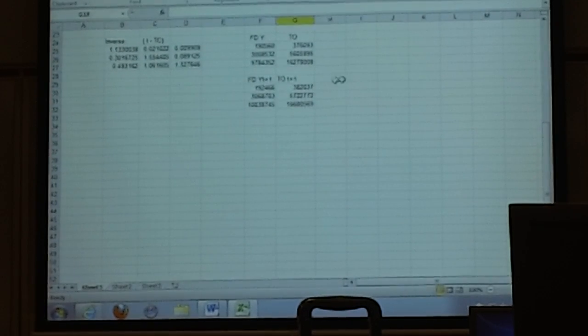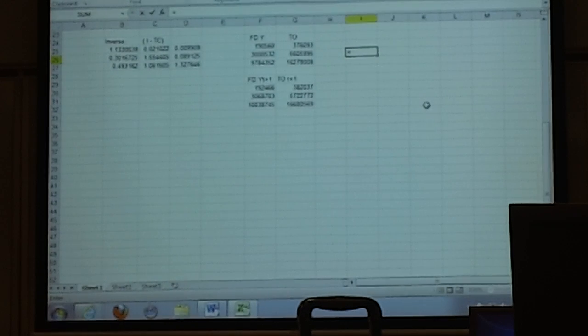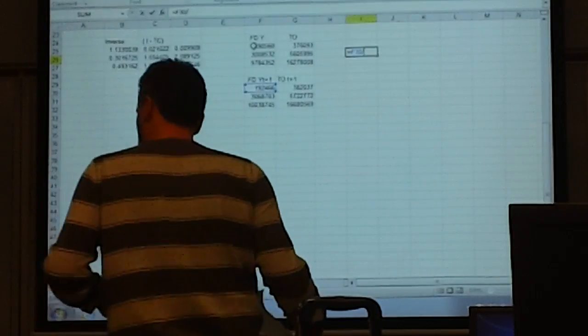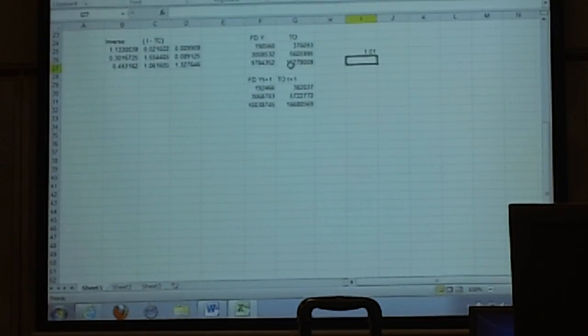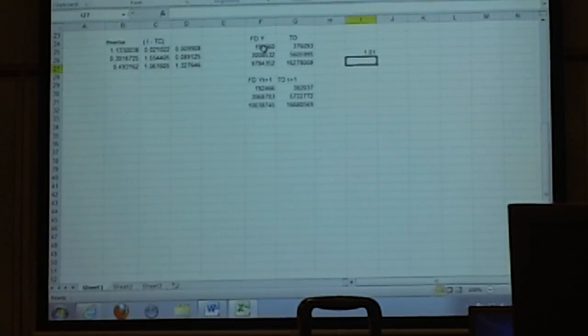For example, if we take this number here and divide it by that number here, that's an increase of 1%. So this is an increase of 1% in agriculture.